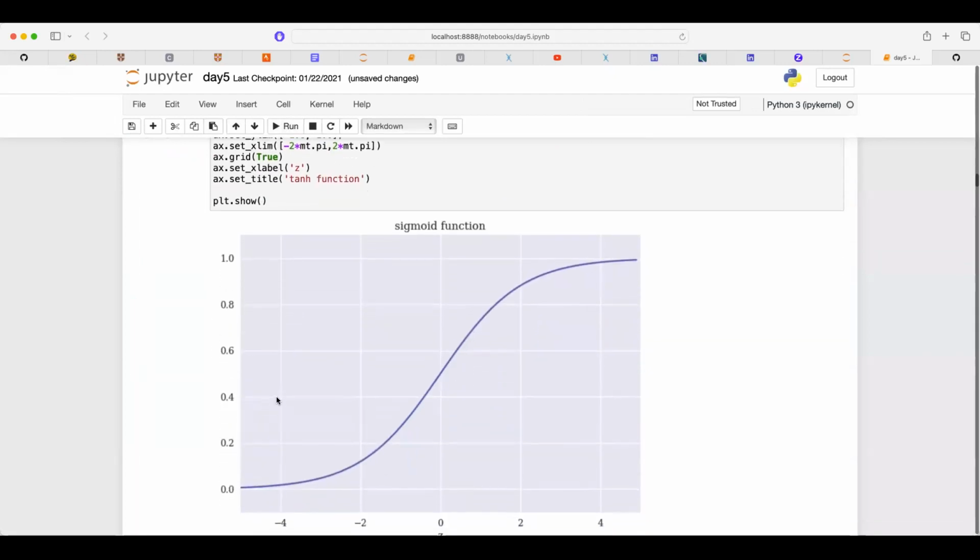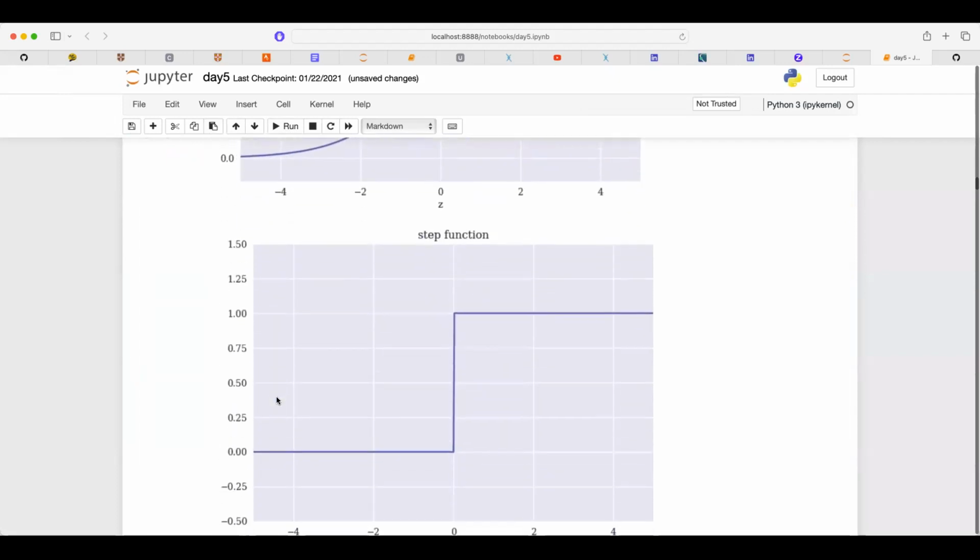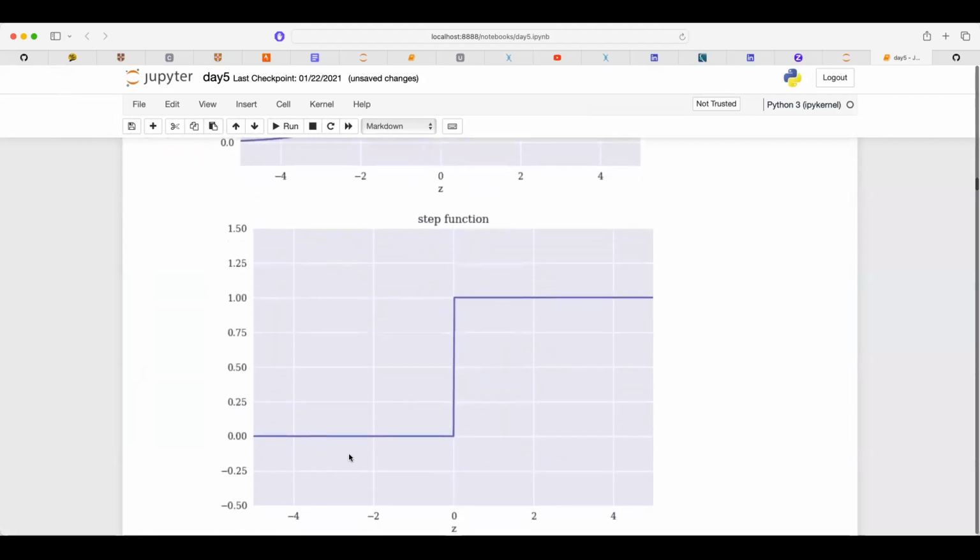We could have the sigmoid function. We would like to avoid the step function because it has a discontinuous derivative. And this is also something to keep in mind when we are moving to neural networks, because in neural networks, these functions are going to play the role of activation functions in hidden layers.